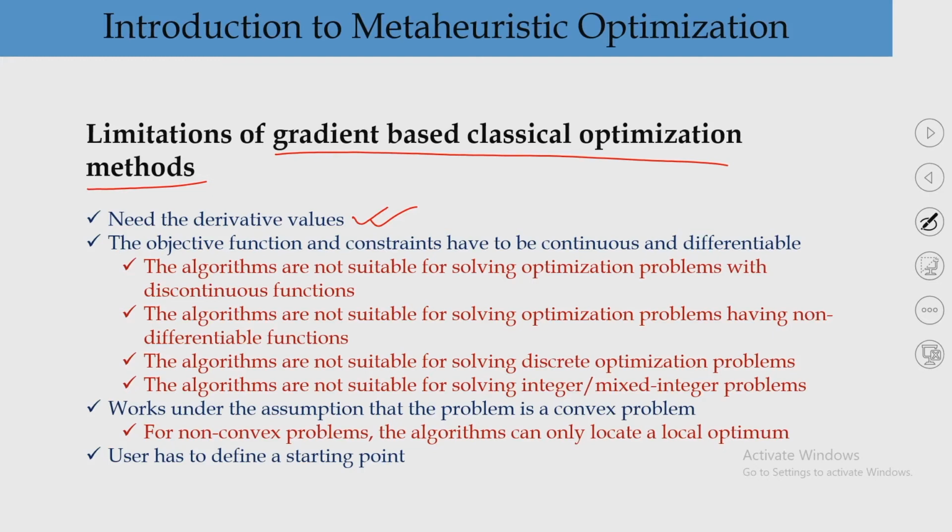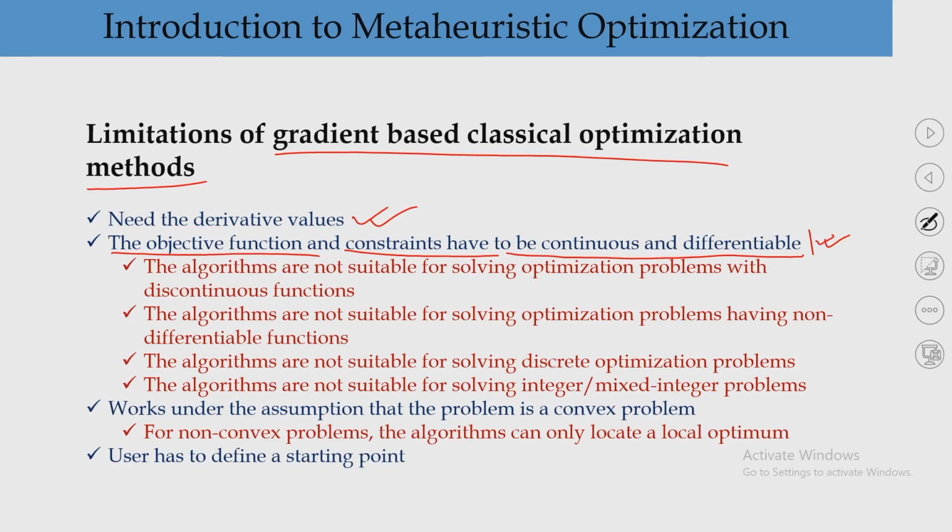The second one, the objective function and the constraints have to be continuous and differentiable. So, I already said that one, because I would like to apply the gradient based classical optimization technique. So, therefore, the function has to be continuous and differentiable. Okay. So, this is the need, or you can say this is the one assumption.